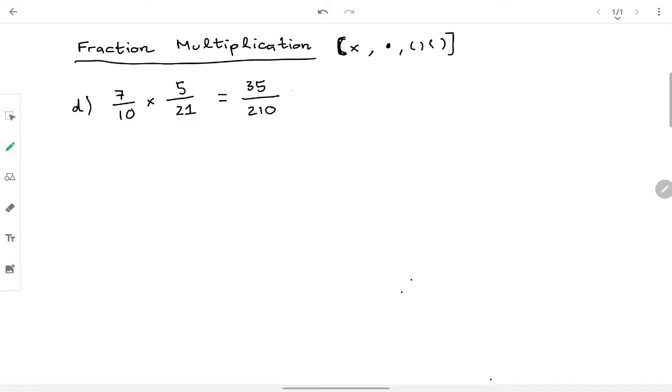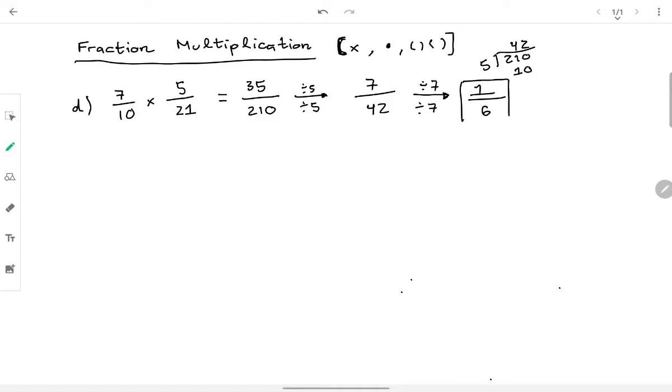Then here we can start simplifying, dividing by 5. That will give us 7 in the top part. In the bottom part, we will make the division and have 42. Then we can divide by 7, because both terms can be divided by 7, and we will have 1 over 6. So we will have 1/6, and that will be our final answer.